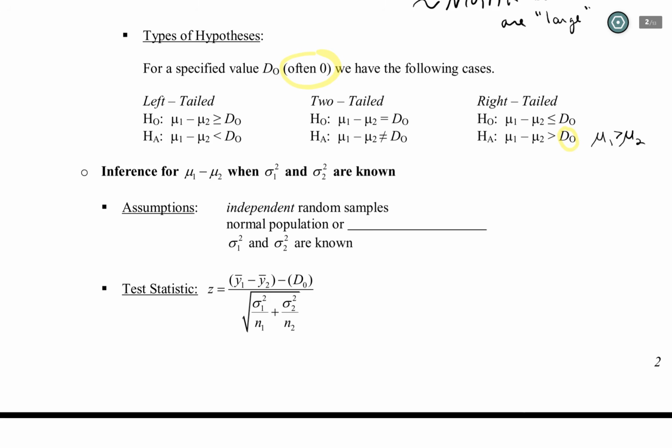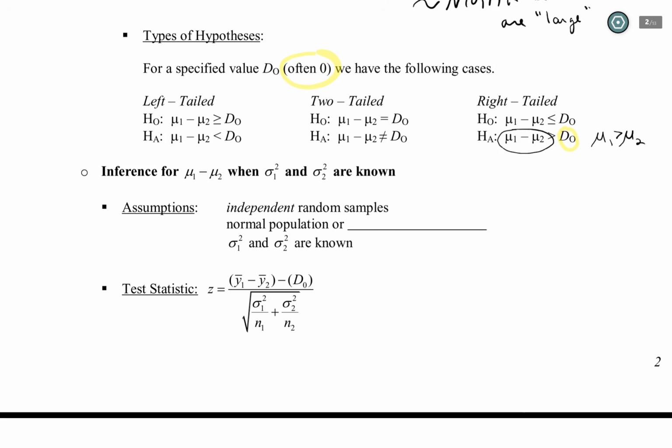Now, having d naught here instead of just making that 0 all the time allows for more flexibility in our testing scheme. This particular alternative hypothesis is asking the question, do we have statistical evidence to conclude that mu1 is bigger than mu2 by at least d naught units?